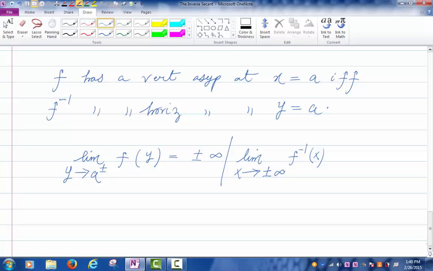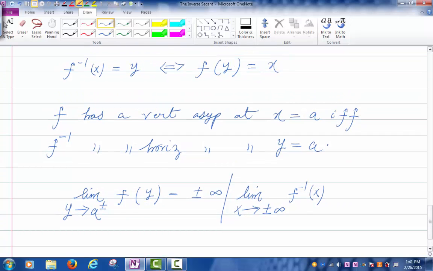The graph of the function gets closer and closer to the vertical line, goes to infinity or negative infinity. So the function f has a vertical asymptote at a, right? It means that the limit of f at a from the right side or the left side is infinity or negative infinity. Am I making sense? Is everybody okay with that?